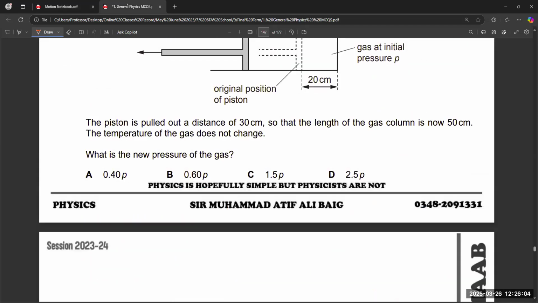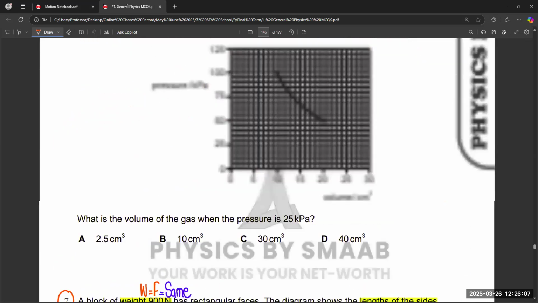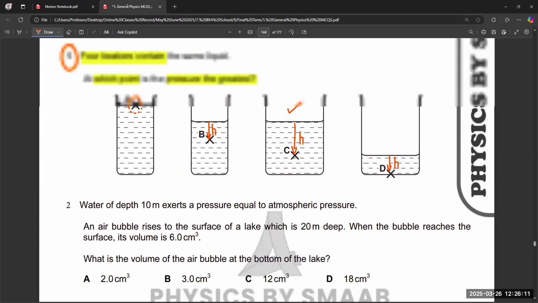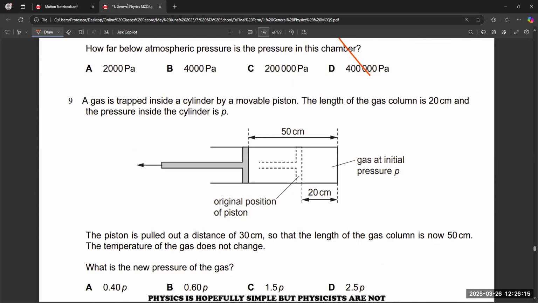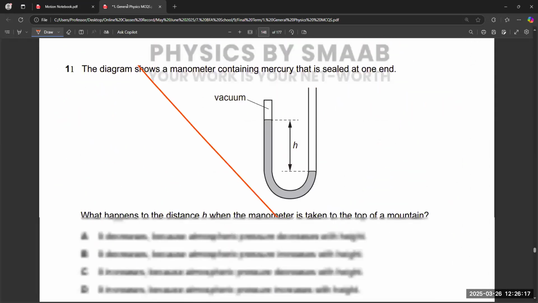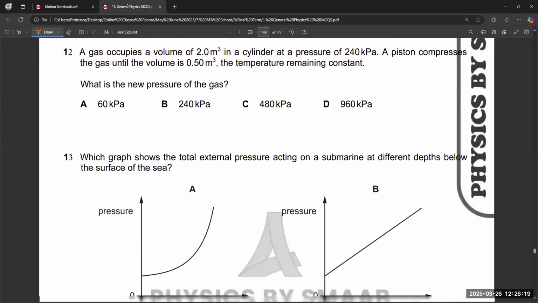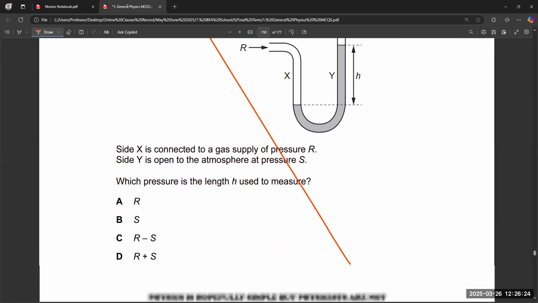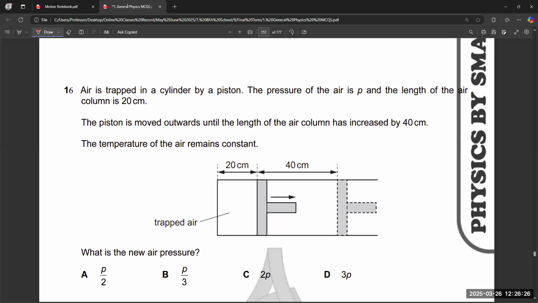For example, if we consider theory questions also, some questions are related to Boyle's law.